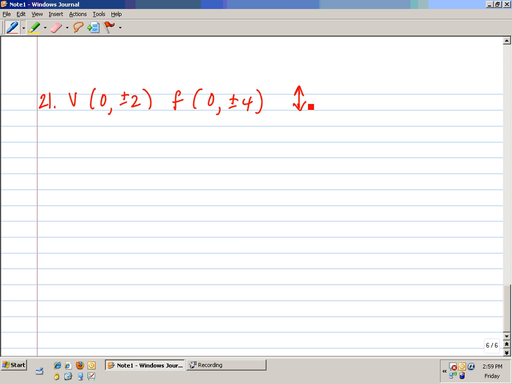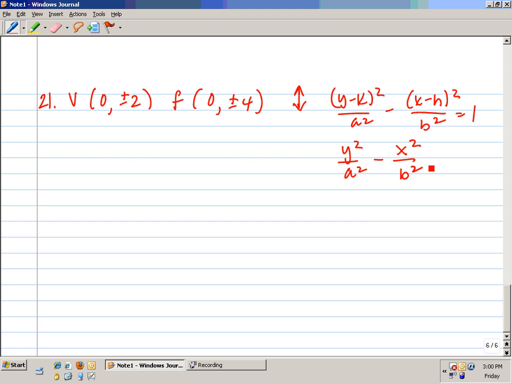So that means we're looking at y minus k squared over a squared minus x minus h squared over b squared equals 1. I can get the center, because the center falls halfway between these, so it's at the origin. So that's just y squared over a squared minus x squared over b squared equals 1.